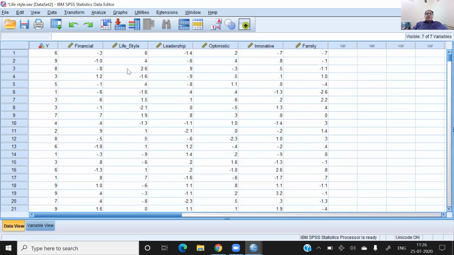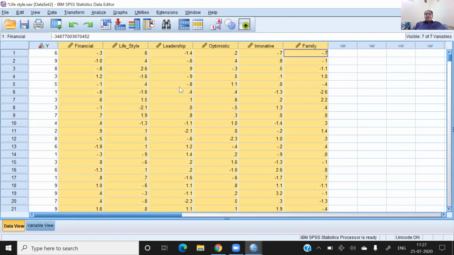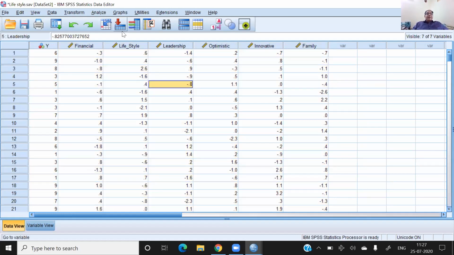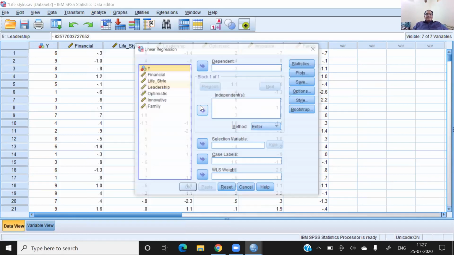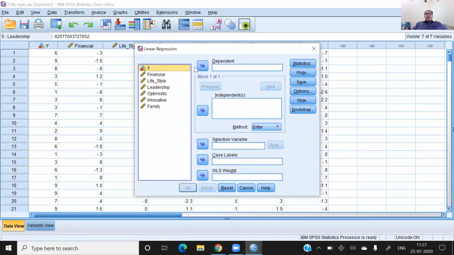So this is the dependent variable y and we have 6 independent variables. To run the multiple regression model, the command is Analyze, Regression, Linear. The dependent variable is y and all the other variables are independent. I am moving them to the independent box and running OK.